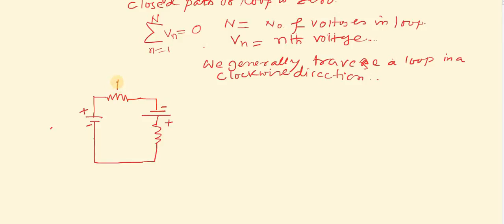This is our resistance R1, this is our resistance R2, and this voltage source is E1 and this one is E2.